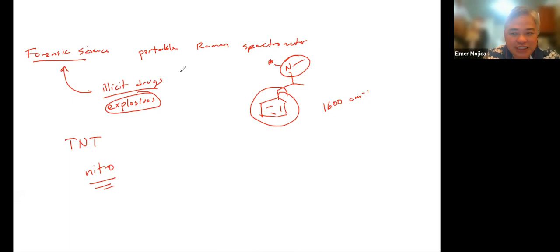And with the advent also of the computer, you just put your sample in the vial, and then just like the size of a cell phone, i-dip mo lang yung vial with your sample doon sa device nila, and they can already give you what sample you have there based on the spectra. So i-ano lang nila doon sa library. So yun yung parang nagiging in ngayon dito, and they're trying to use it now.